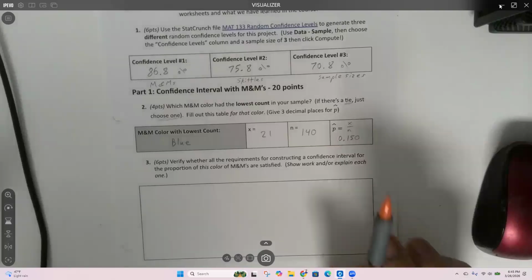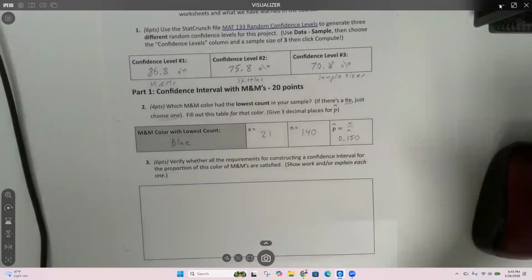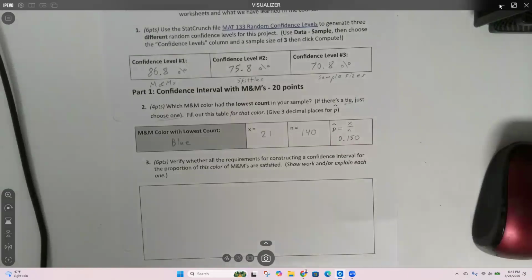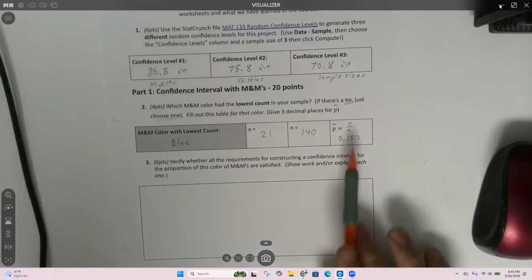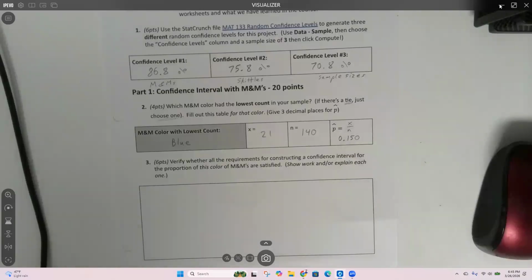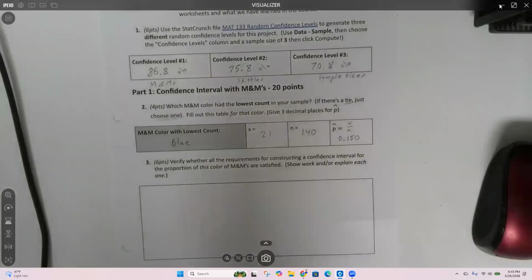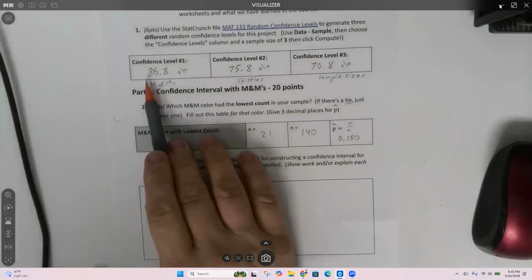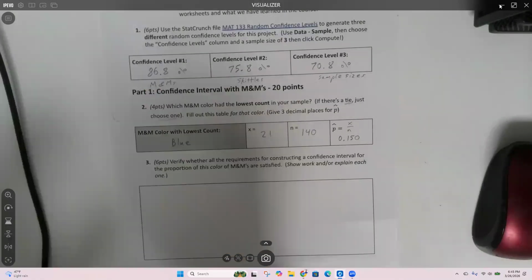But it's not equal. It's close. How close? That's what a confidence interval is doing. How close am I to the true population? That's what we're going to be calculating with a confidence interval. We're going to find a range, a low end and a high end, where we are 80% or 90% or 86% confident that the true value is somewhere in this range. Okay.